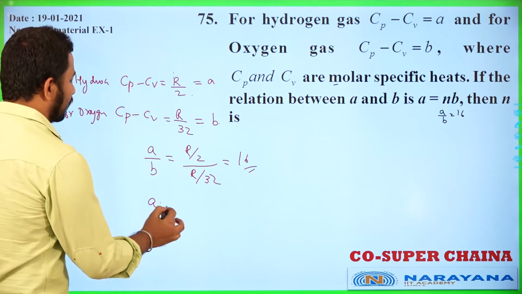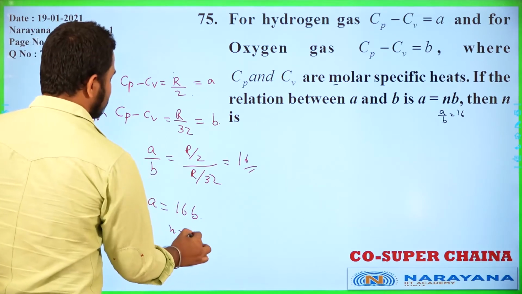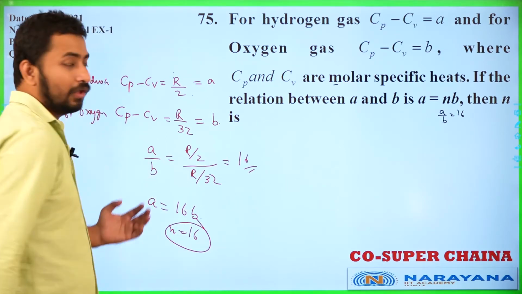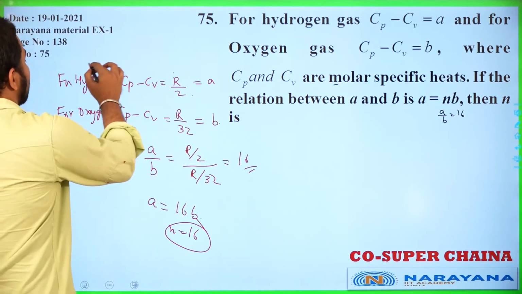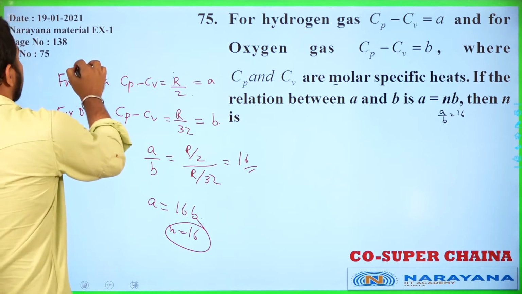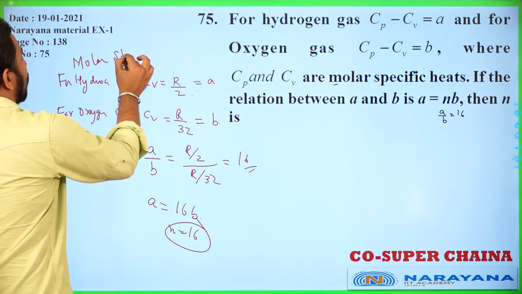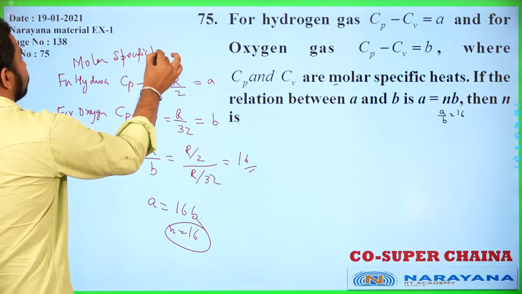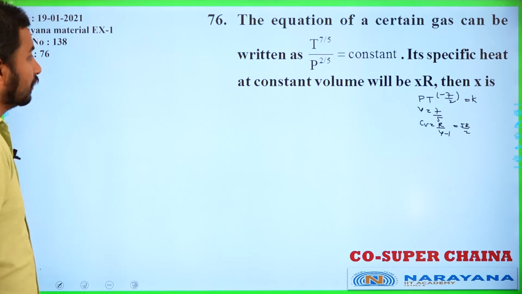So A will be 16 times B, and here N value will be 16. Okay, so this is how you have to proceed for this one. Here this is molar heat capacity given, molar specific heat given. So we have taken that into consideration. Okay, molar specific heat. Let's move to the next question, student.